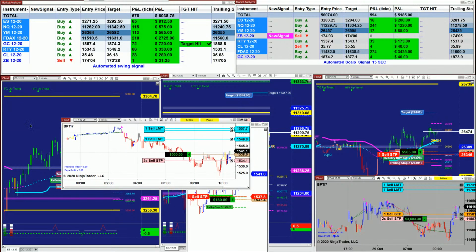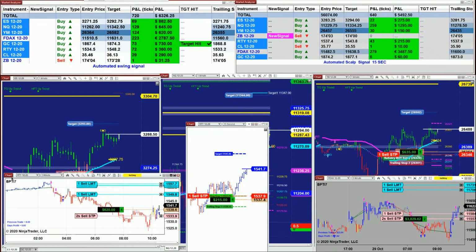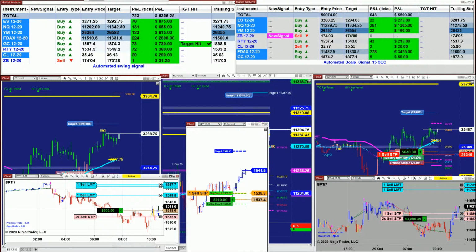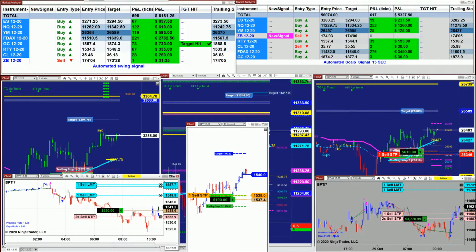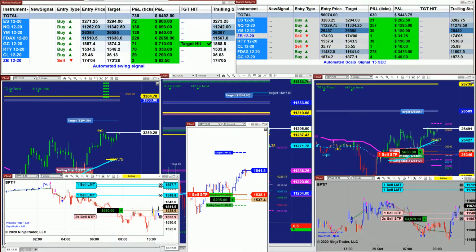we don't have that many trades on the TI7, and we have one trade on the Russell, and the gold has been amazing the way it's moving. The gold, it is really something else.